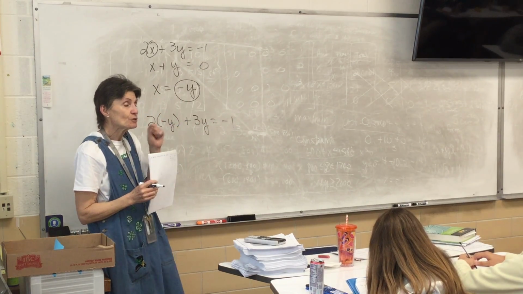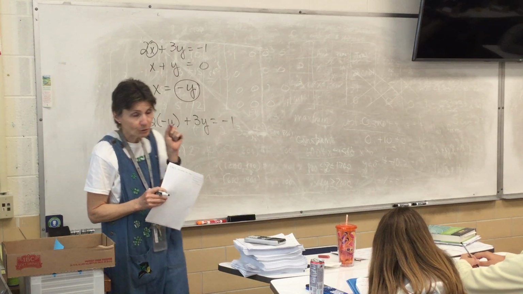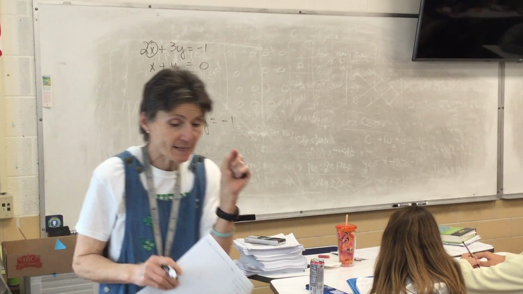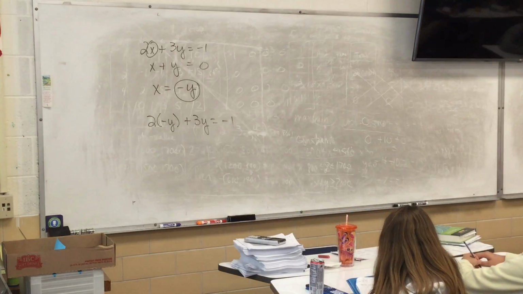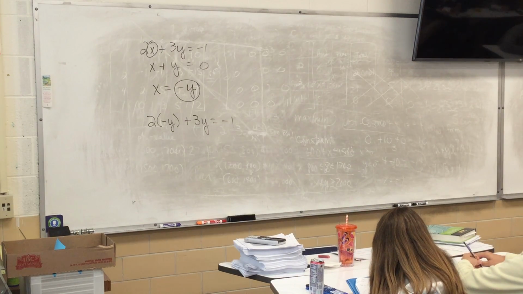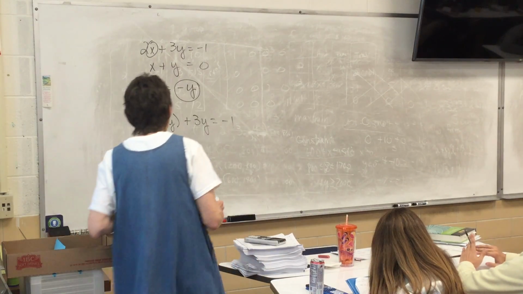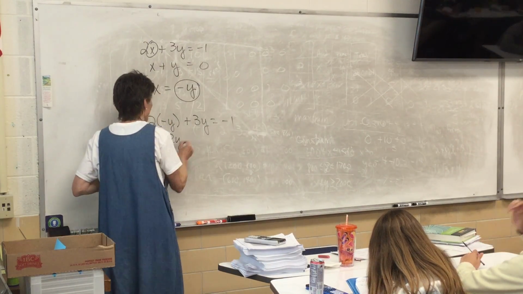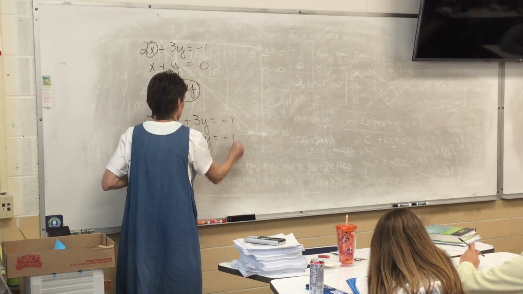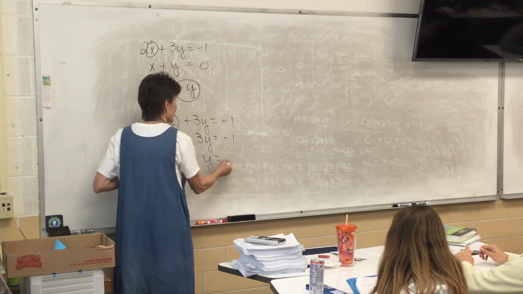Remember, substitution requires you to get one letter by itself and then plug that letter in to the other equation. Okay, and now we'll do our math. So -2y plus 3y. So it looks like y is -1.